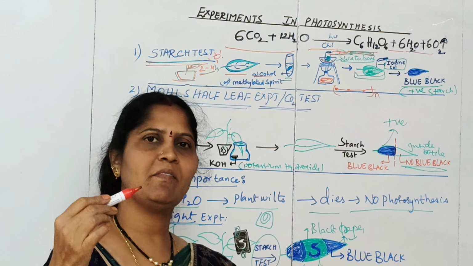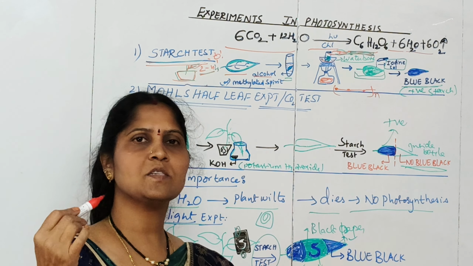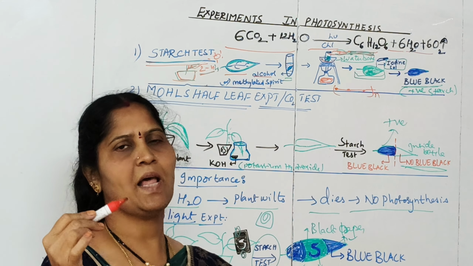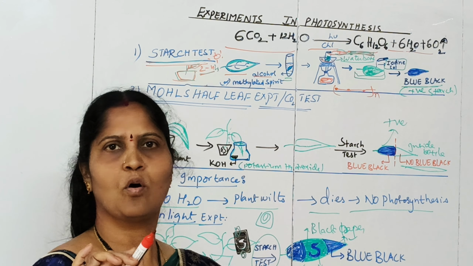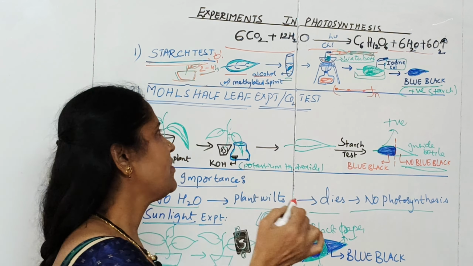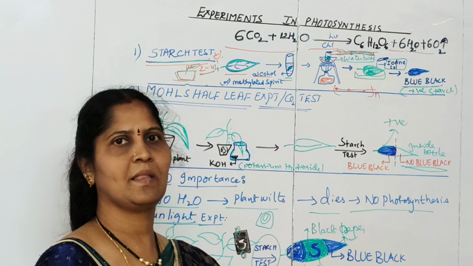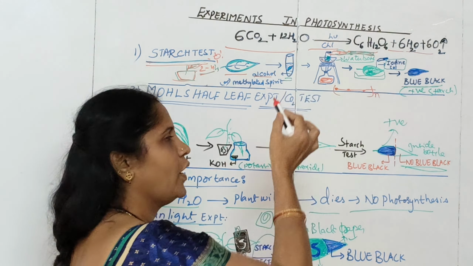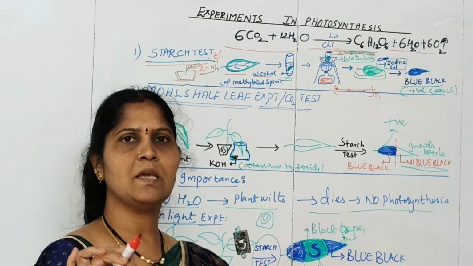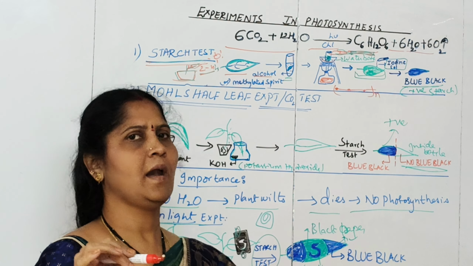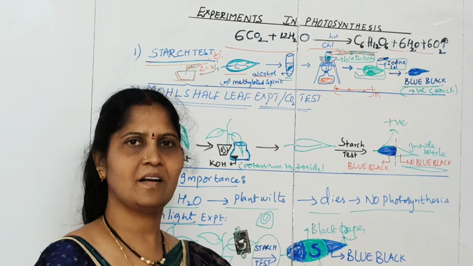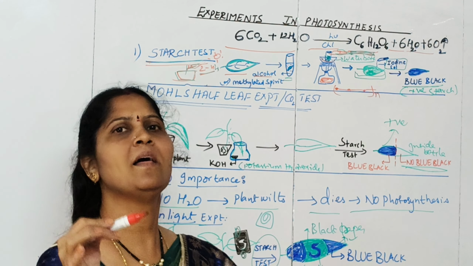Leaves as such will have an intense green color, because of which the color changes that will happen in any particular test are not visible. So you first dip it in alcohol or methylated spirit, which is methyl alcohol, and then you boil it so that the color of the leaf gets reduced, and then you can carry out the further test to see visible reactions.